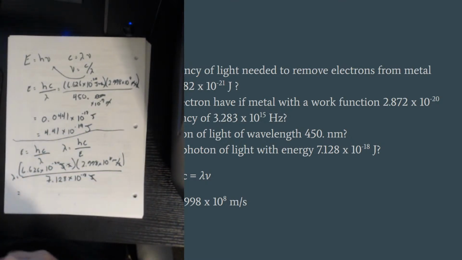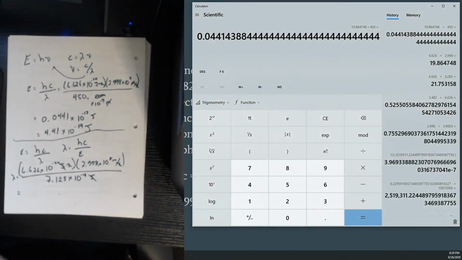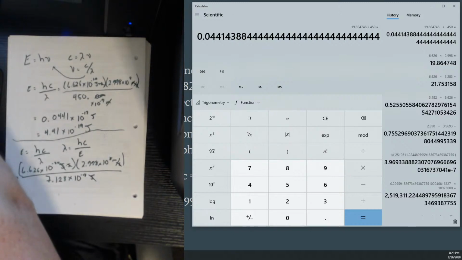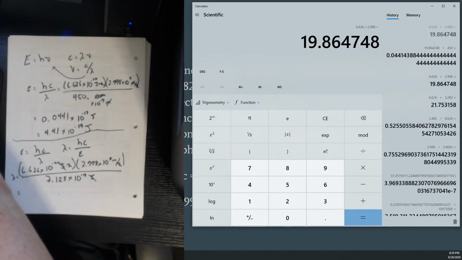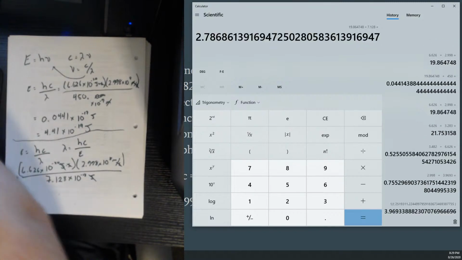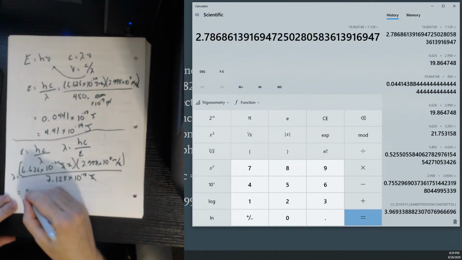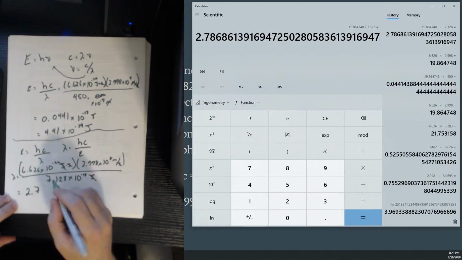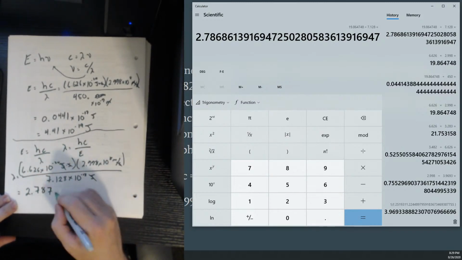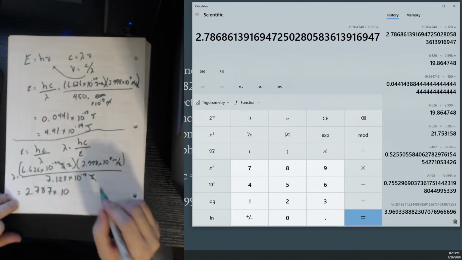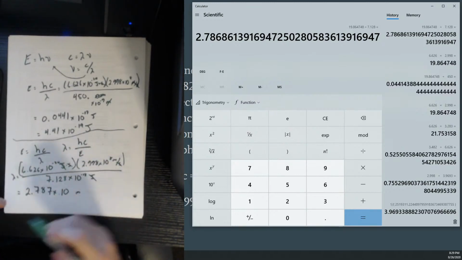Excellent. Plugging all of this into our calculator, 6.626 multiplied by 2.998 divided by 7.128. 2.787 times 10 to the what meters?